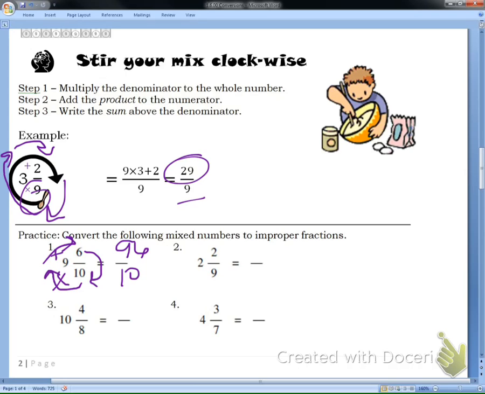Let's try another one. 9 times 2 is 18, plus 2 is 20. And then you just go back to the beginning. What number did you start with? The number 9, and that's the number that goes on bottom. Go ahead and try problems number 3 and 4 on your own. Push pause, and when you're ready, let's check your answers.